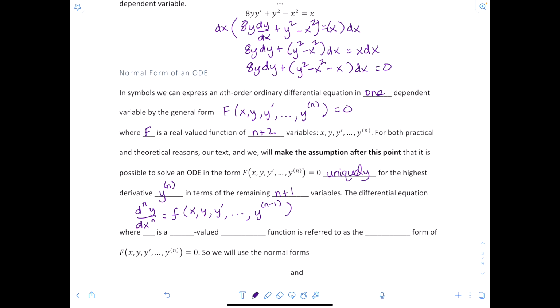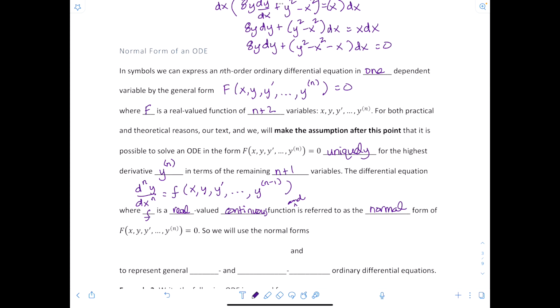Okay, where f is a real valued continuous function, so this is the lower case f, and is referred to as the normal form of capital F at x, y, y prime, all the way to the nth derivative of y equal to 0.